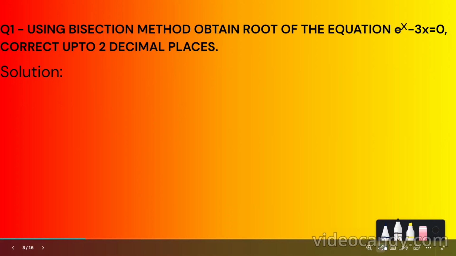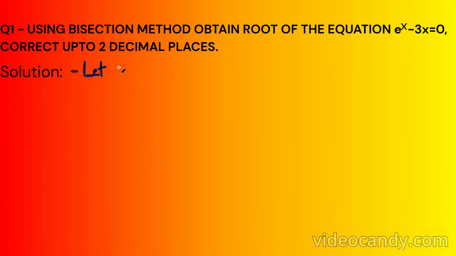So we need to try to get the solution. Let f(x) equal e^x minus 3x equal to 0. That is the equation for the bisection method, to obtain the root of the equation.